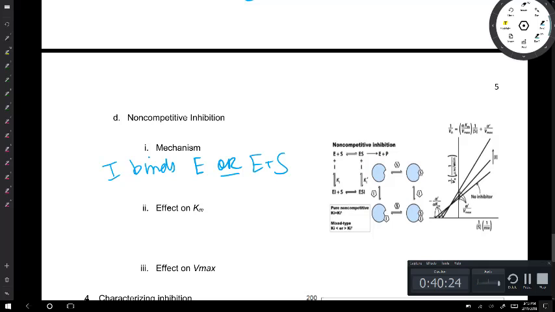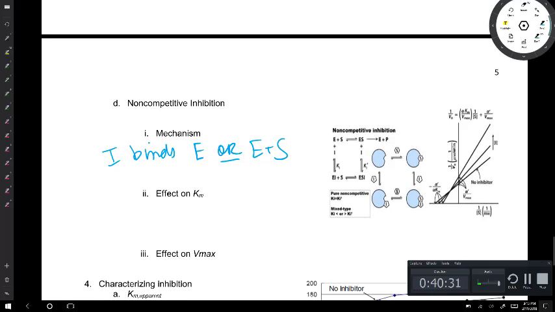Whether or not it has a preference just depends on the enzyme and the inhibitor. And whether or not the Km and the Vmax change depends on whether it's pure non-competitive or mixed type.